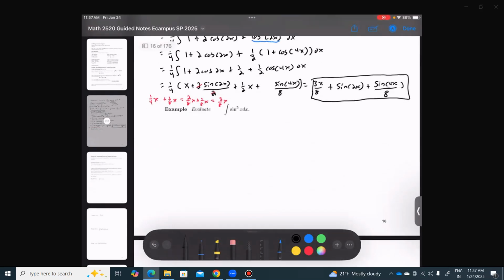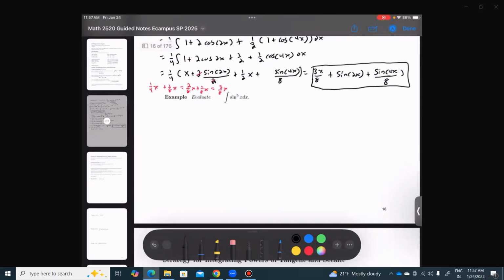Now do sine to the fifth. And so what we're going to do is break this up into sine x times sine to the fourth x dx. And sine to the fourth, we'll break that into sine squared x, squared, dx.